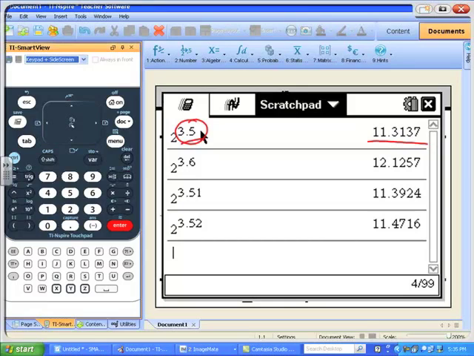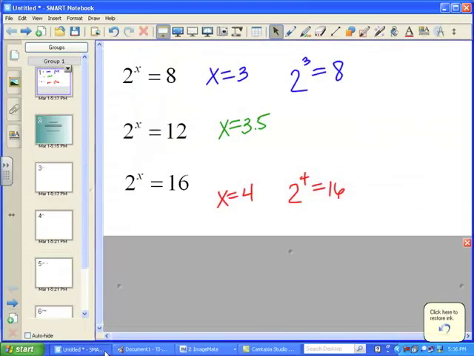I could be sitting here all day trying to guess, because once I guess whatever number in the hundredths place, then I've got to go to the thousandths place and figure if that gets me any closer. So this could take all day. And what we're going to look at now is a way to figure this out. Obviously, I don't want to sit around all day and guess and check my way out of this.